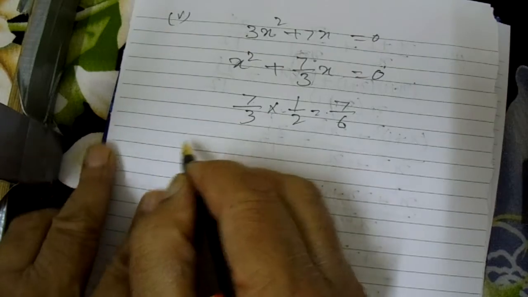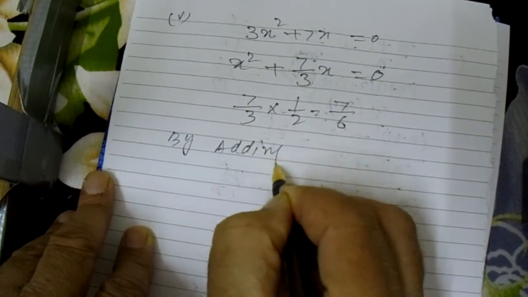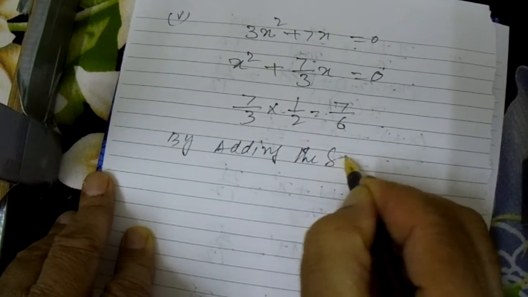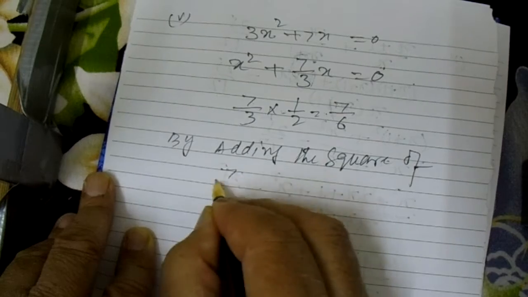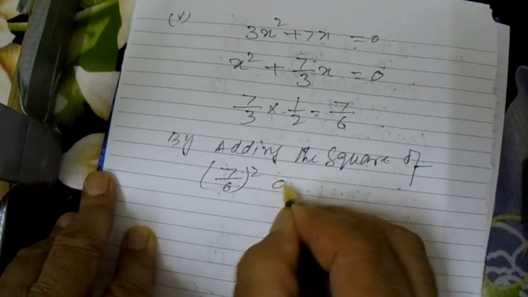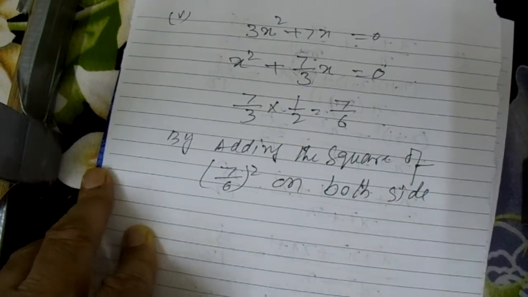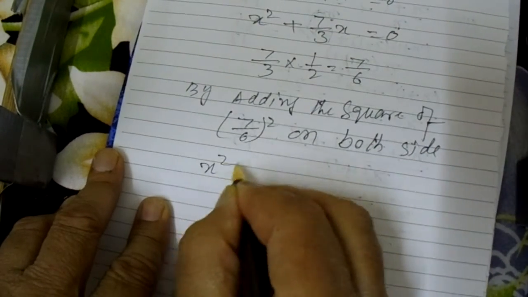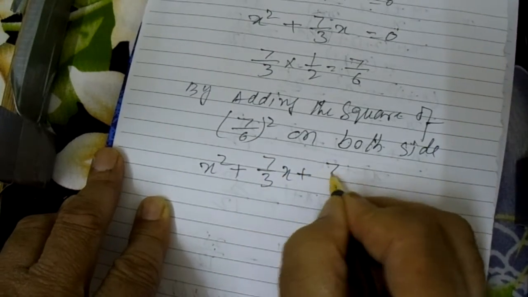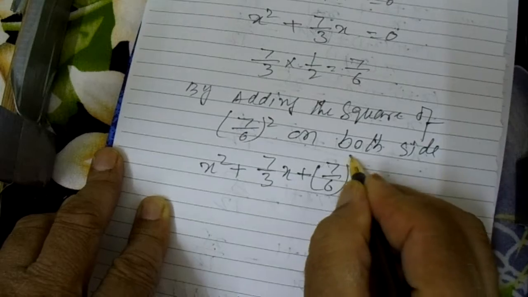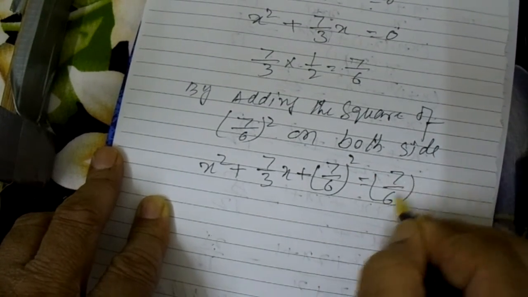By adding the square of 7 by 6 on both sides we get x square plus 7 by 3 x plus 7 by 6 whole square is equal to, on the right side, 7 by 6 whole square.